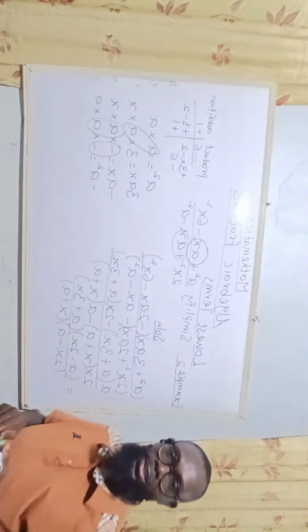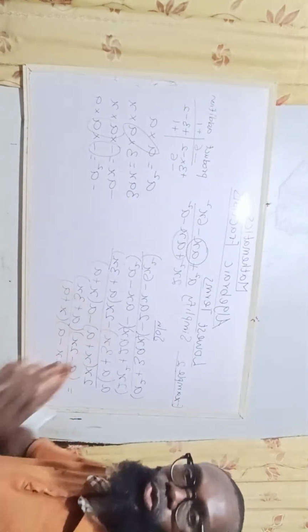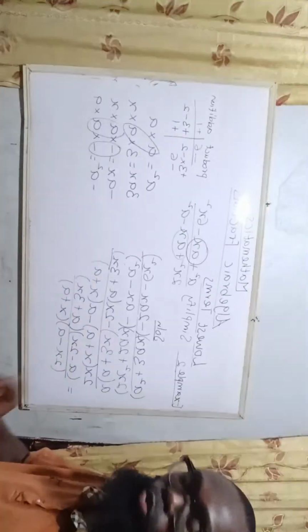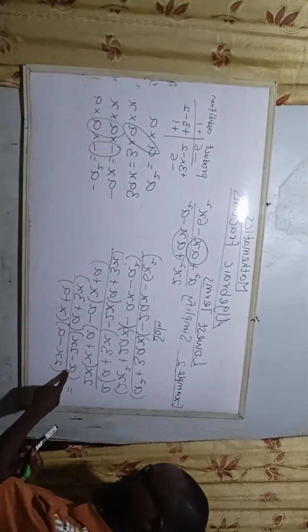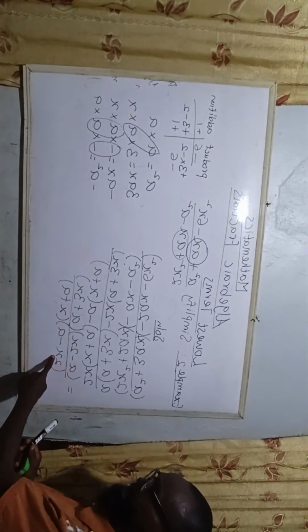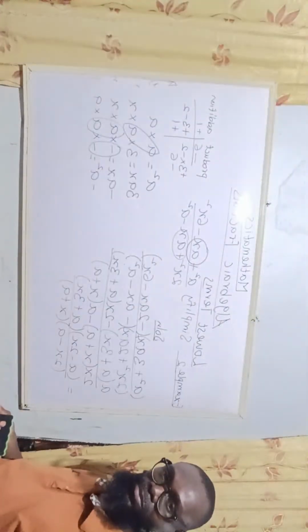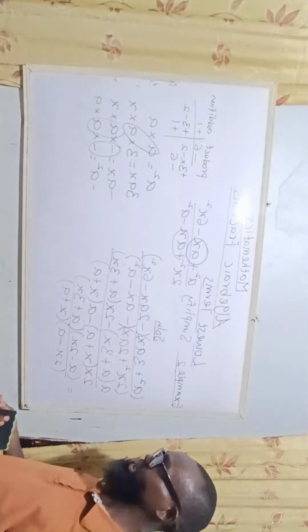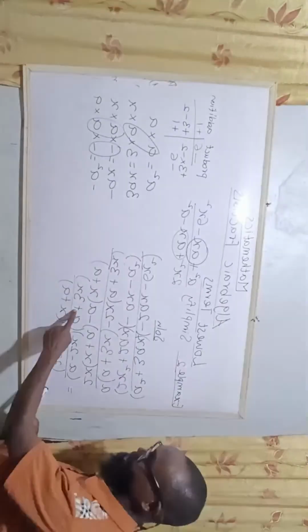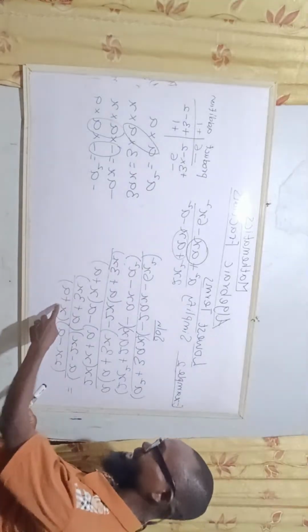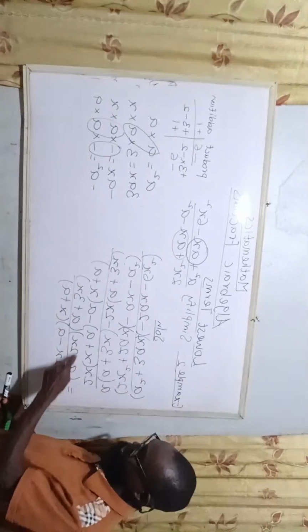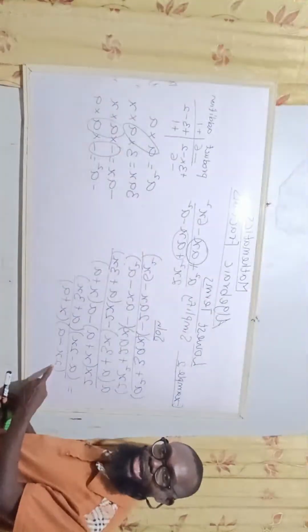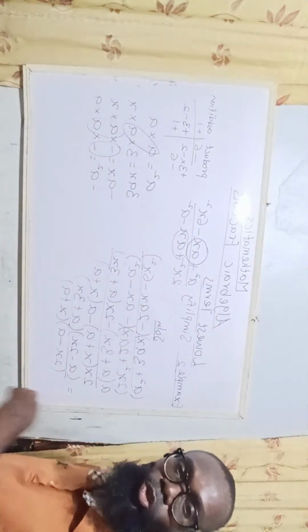At this point, you can now cancel out anyone that can be cancelled. A minus 2x, 2x minus A. What is happening? We're supposed to cancel them. But how can we do it? And this is A plus 3x. This is x plus A. How can I make A minus 2x look like 2x minus A? If you encounter a situation like this, the next thing to do is to introduce your negative sign.